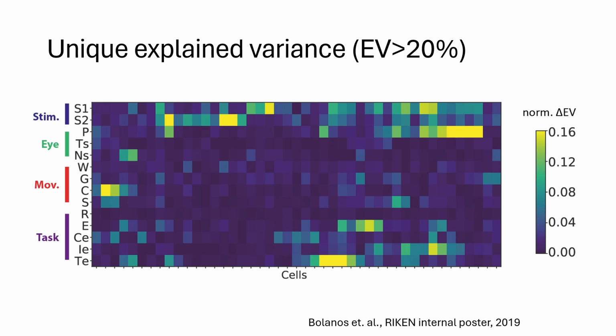Here P is the pupil changes, so a bunch of cells seem to be predicted very nicely by the pupillary changes. And some other cells are predicted nicely by C, which is for the chin, so that's when the mouse is licking. And for some reason on TE, that's when the mouse ignored the task and the task ends, there's a bunch of cells that seem to care about that.